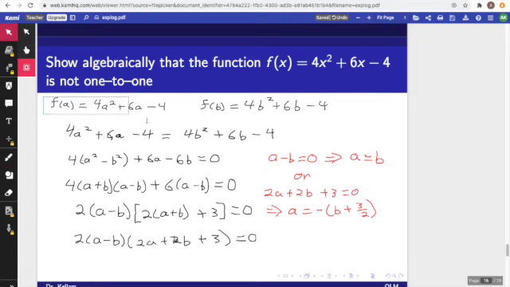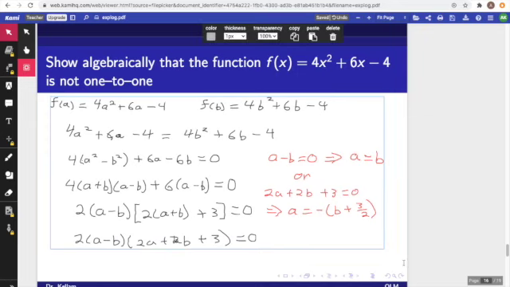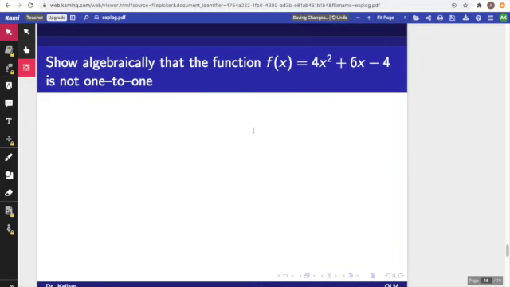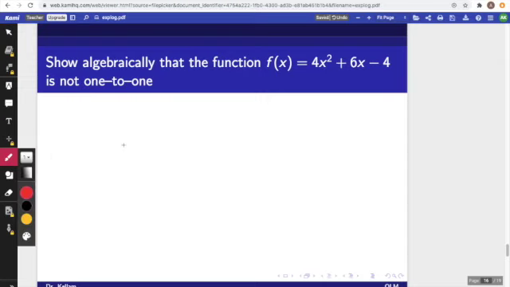Let's look at the other setup real quick. So, the other way that we can do this is, before we plug anything in, to look at 4x squared plus 6x minus 4, and I can complete the square on this.